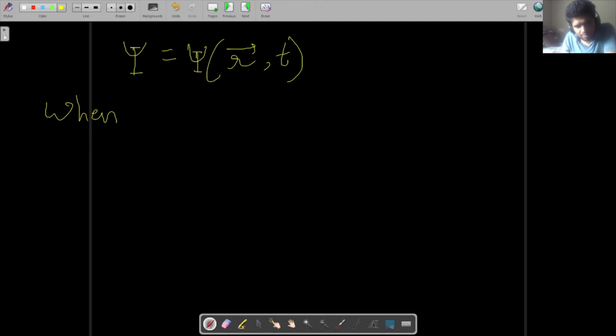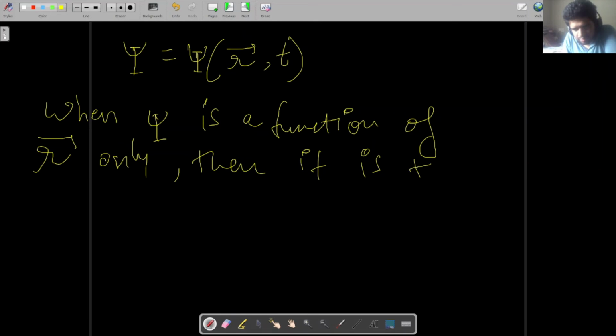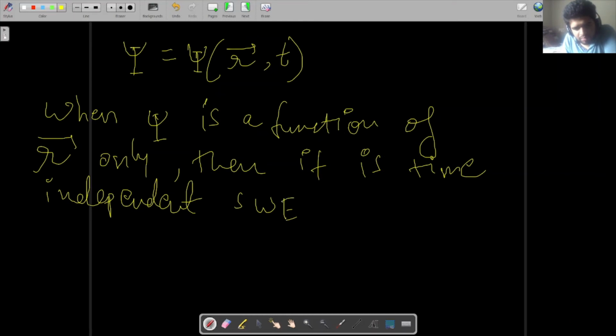When psi is a function of r only, then it is time independent Schrodinger wave equation. When psi is a function of r only, not t.